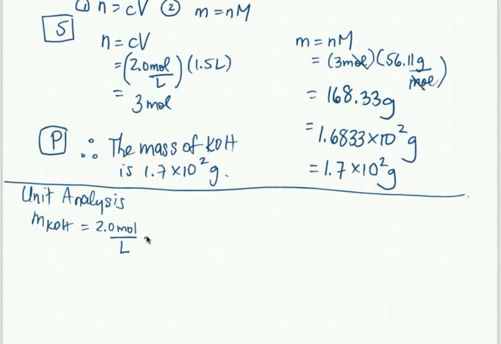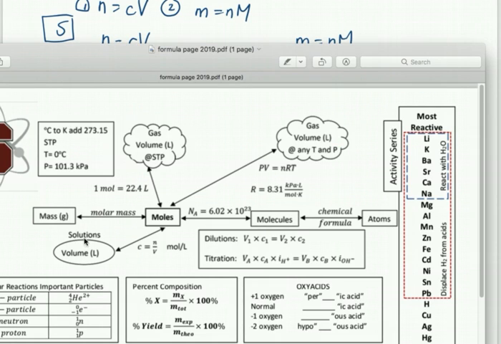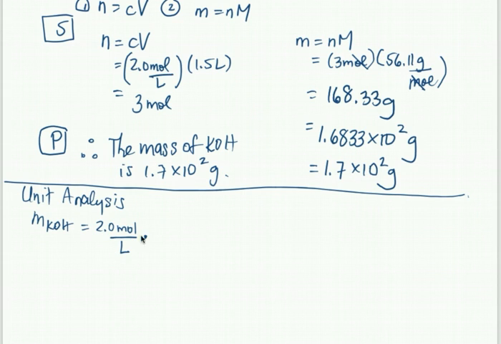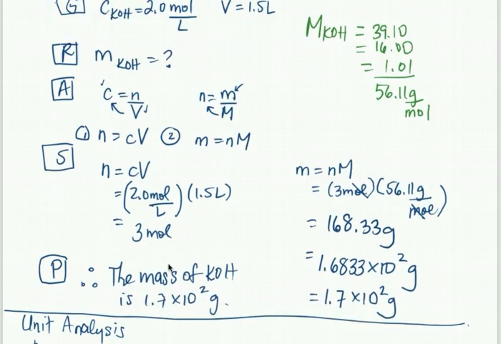Okay, and then from there, since you have your concentration, in order to get to the moles island here, you need to use your volume. So what we're going to do here is we have our volume of 1.5 liters.